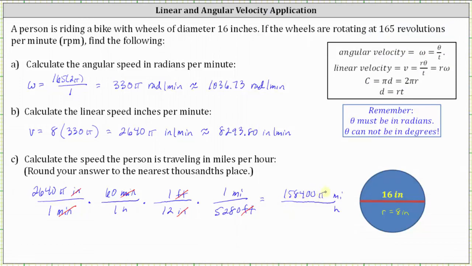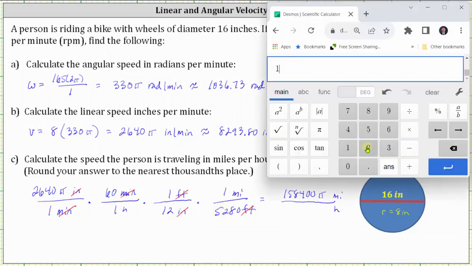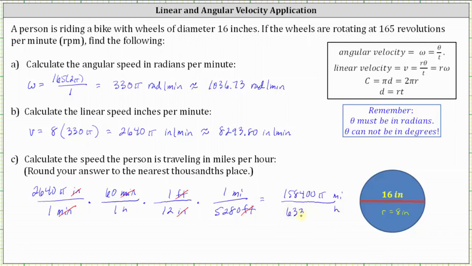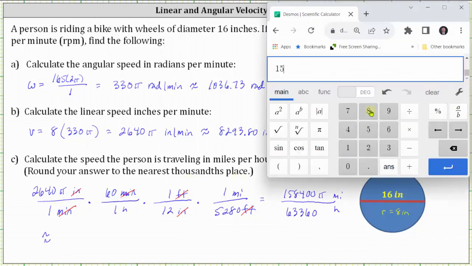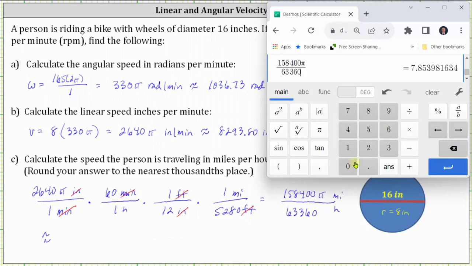In the denominator, we have 1 times 1 times 12 times 5,280, which is 63,360. And I will divide one more time and round to the nearest thousandths place value. Which to 3 decimal places is 7.854 miles per hour.